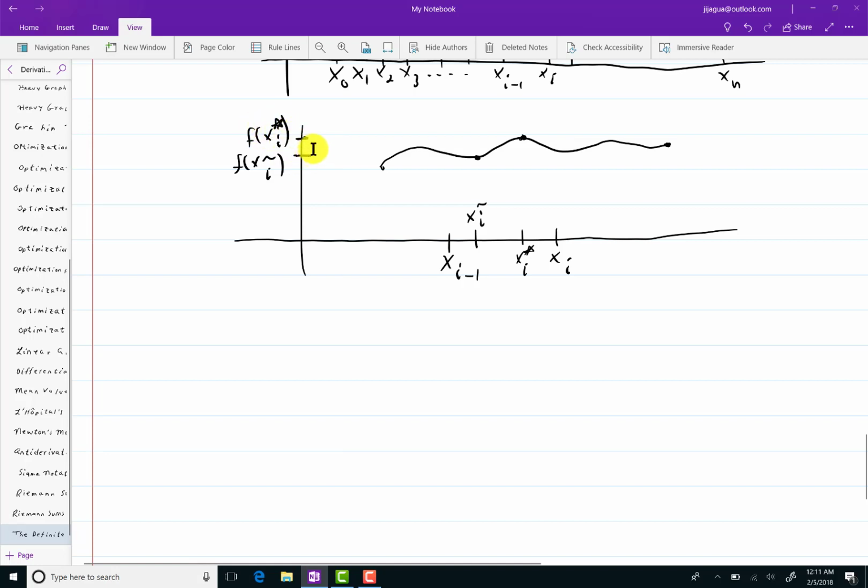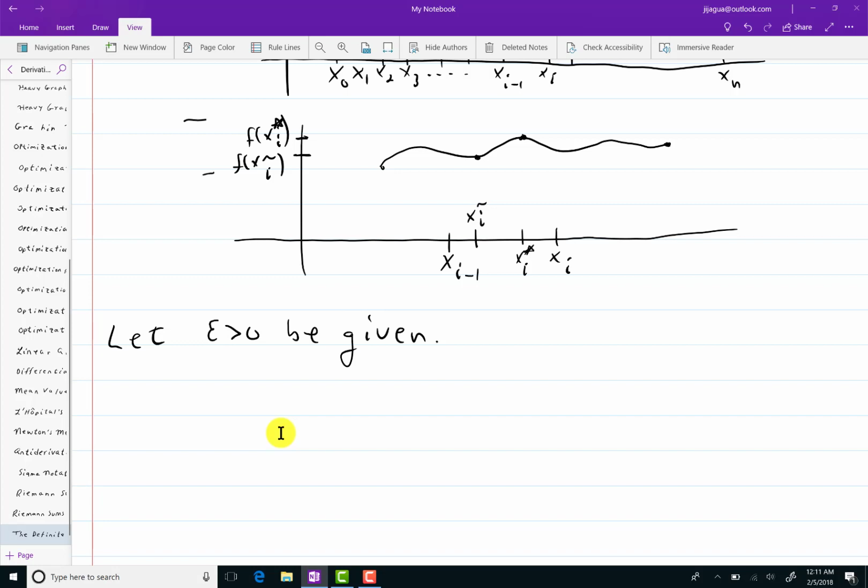That's going to happen. Here's what we're ultimately going to do. We're going to say something like, let epsilon greater than 0 be given. Remember that thing? So I'm going to require that the distance between the f's be less than epsilon. Okay? So then what happens? Well, for an epsilon on this particular interval, there is a delta on the x-axis, in which delta x sub i is less than that.